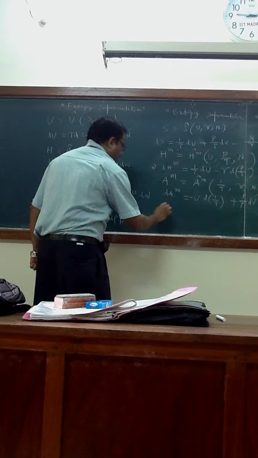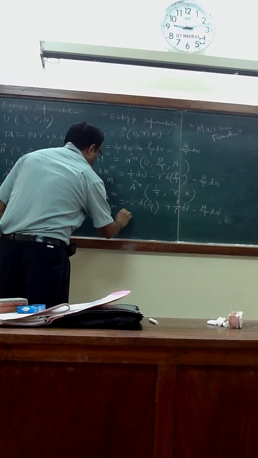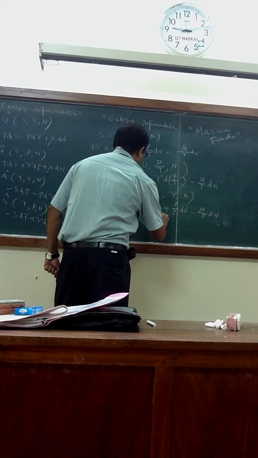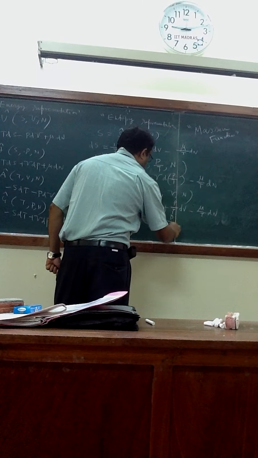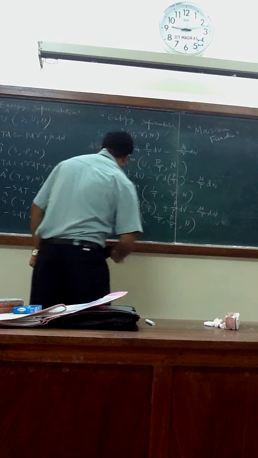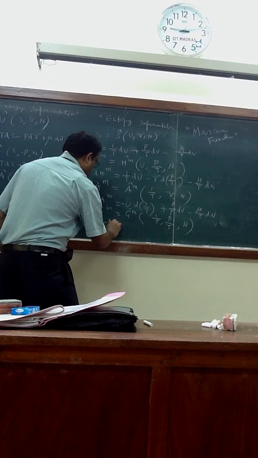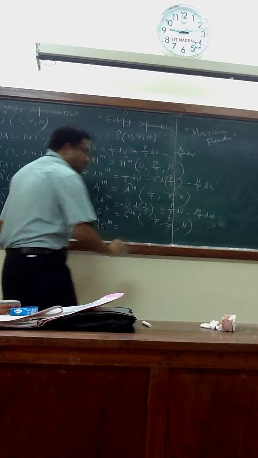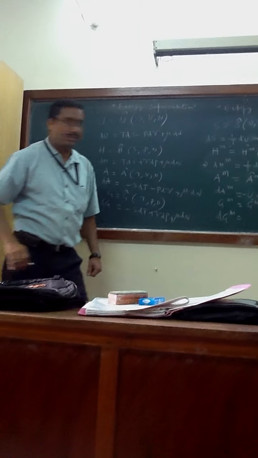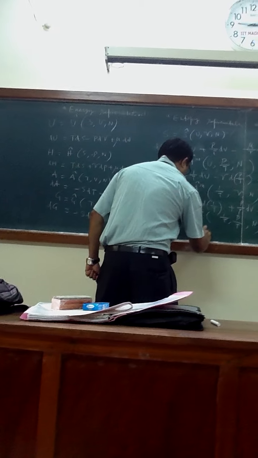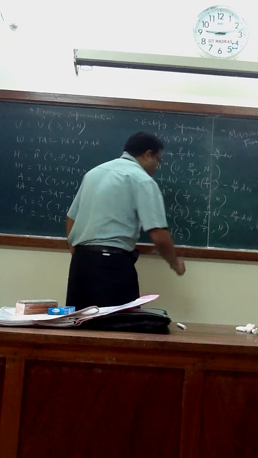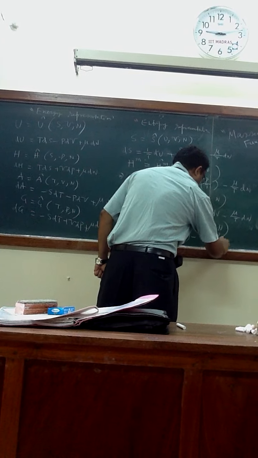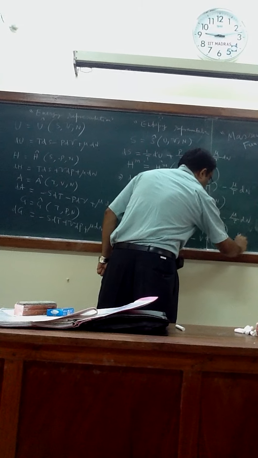Next we can have Gm, which is Gm hat, which is 1 by T, P by T, N and dGm equals to what? Again, minus U differential 1 by T minus V differential P by T minus.